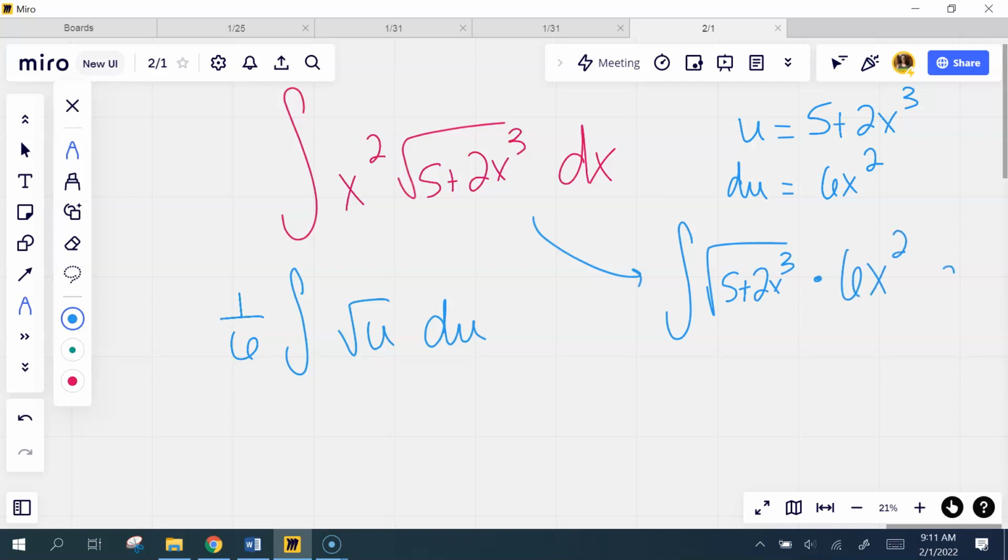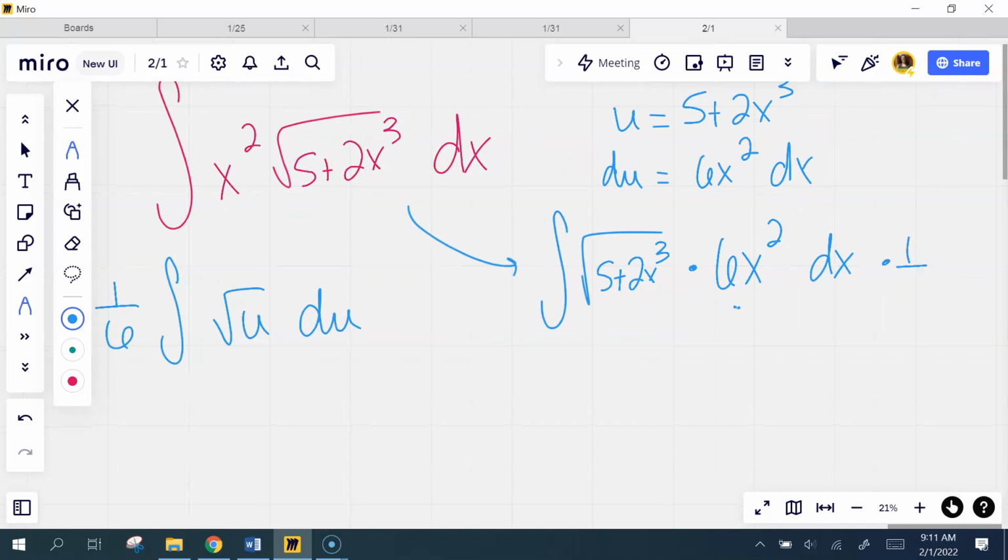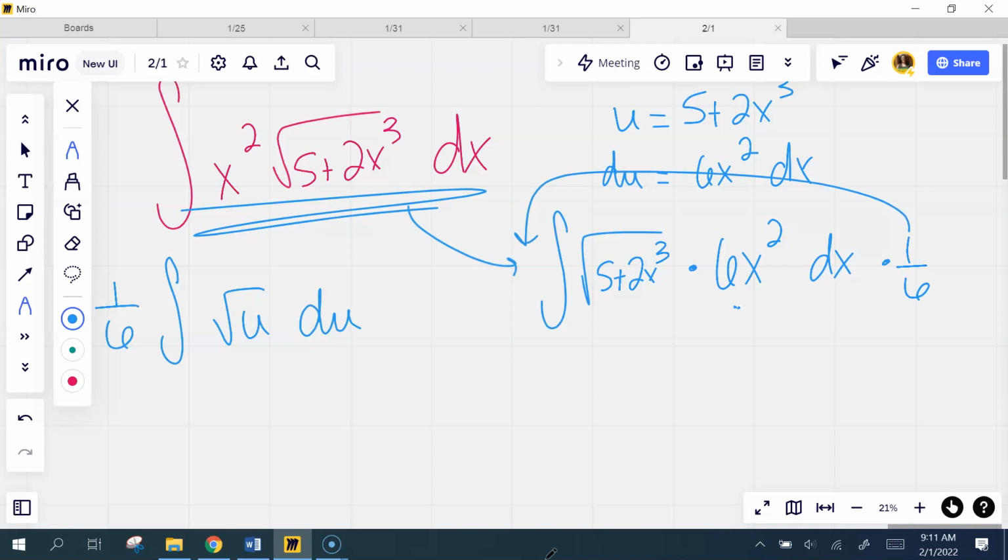But because this has got this 6 in here, I've got to keep that value the same, so I'm also going to multiply by 1 over 6, just to make sure. So I put it right out front. You're dividing by 6 because your du was multiplying by 6.